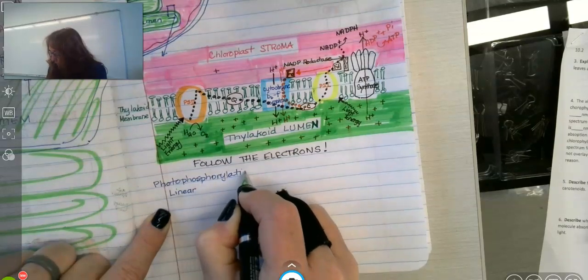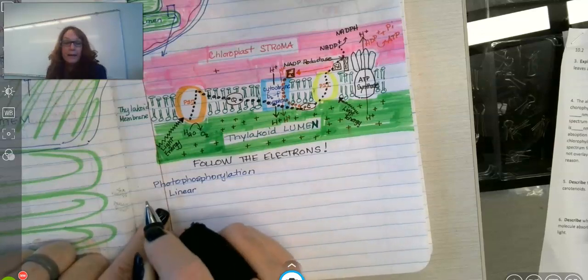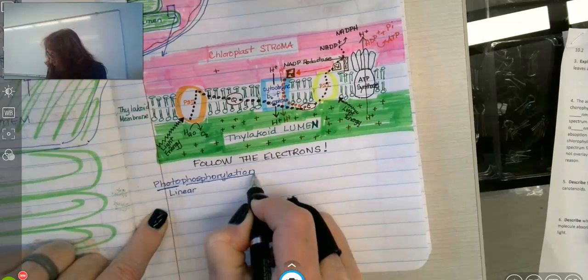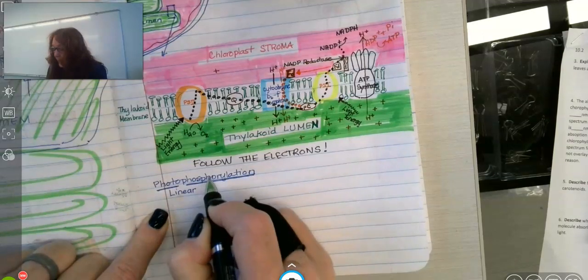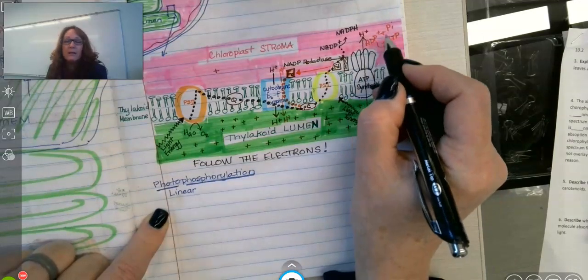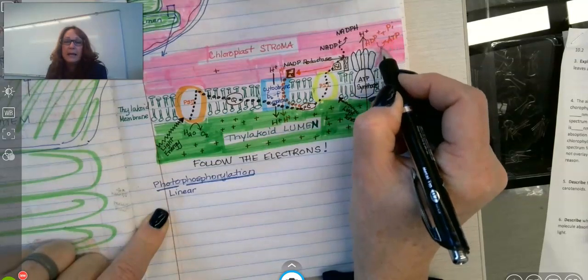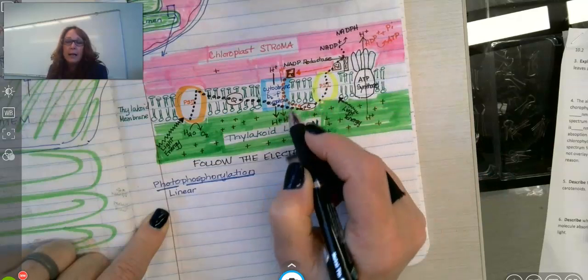So all of this is called photophosphorylation. Couldn't say that and write it all at the same time. And all it means is you're going to phosphorylate, which means adding a phosphate group to something. And in this case, it's going to be making ATP using light energy.